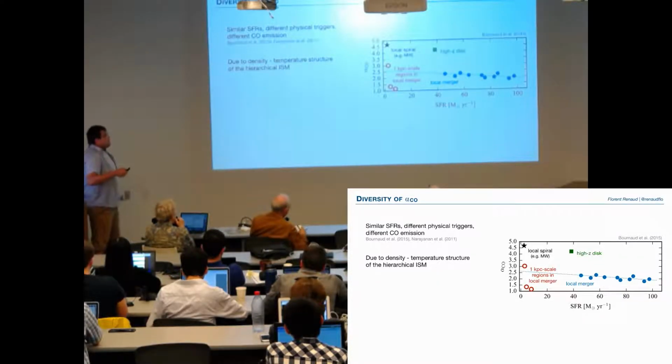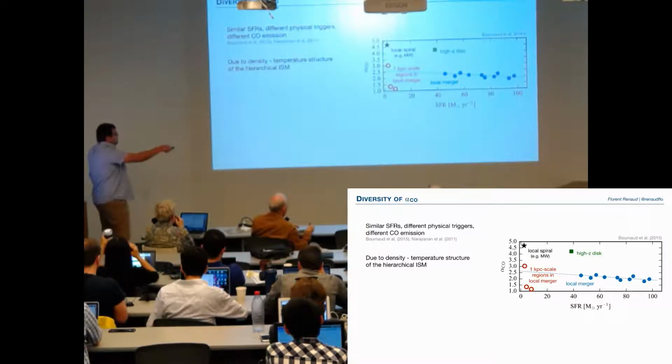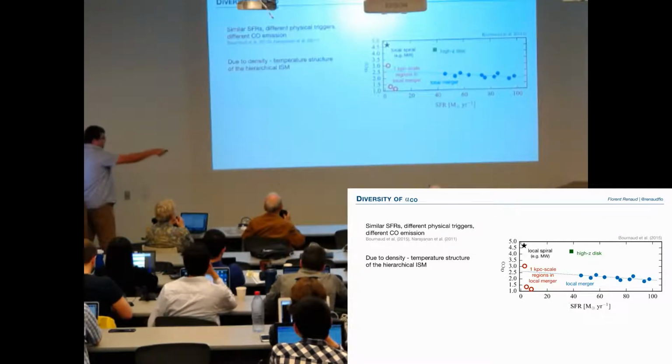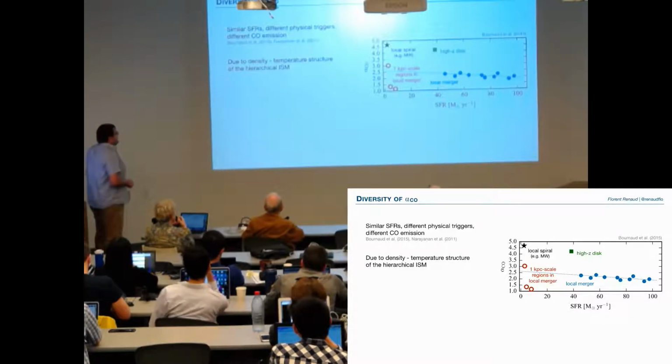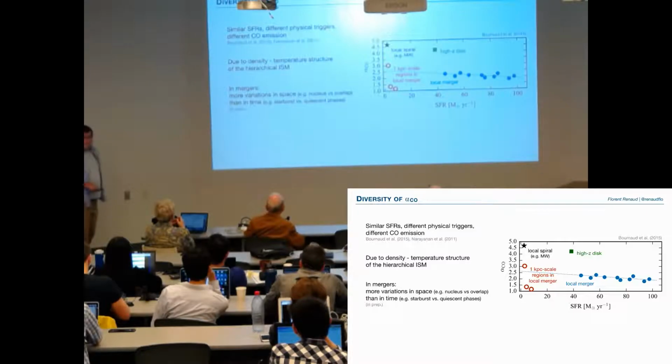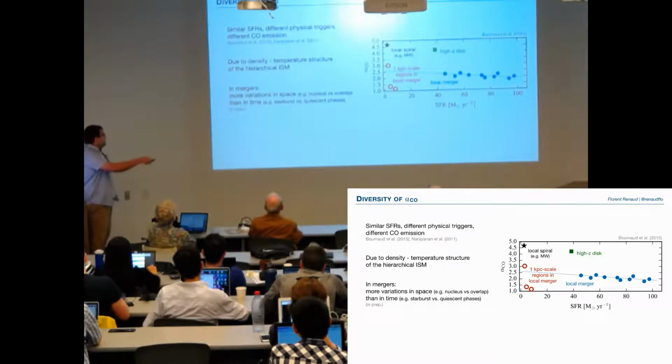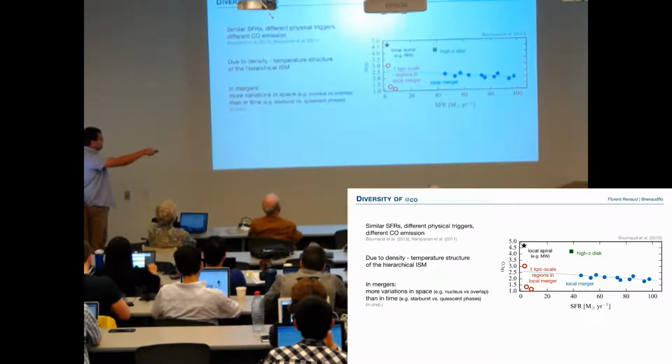Now, if I look at different regions inside the merger at one given time, I get these red points here. So kiloparsec scale, different regions in the Antennae-like merger. Same as this one, but at much, much smaller scales. And what you see here is that you have basically more variation of your alpha_CO parameter in space, from one region to the next, than in time, between a starburst phase, for example, with high star formation rate, and a more quiescent phase there.